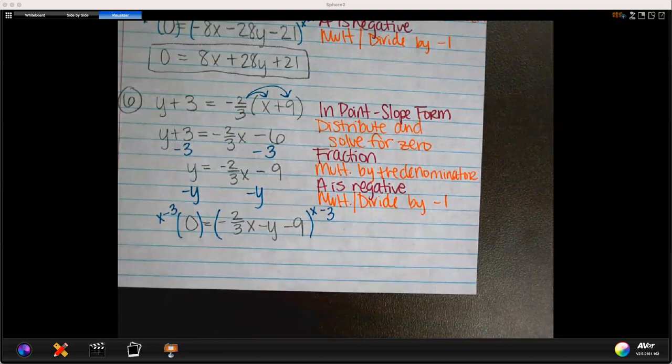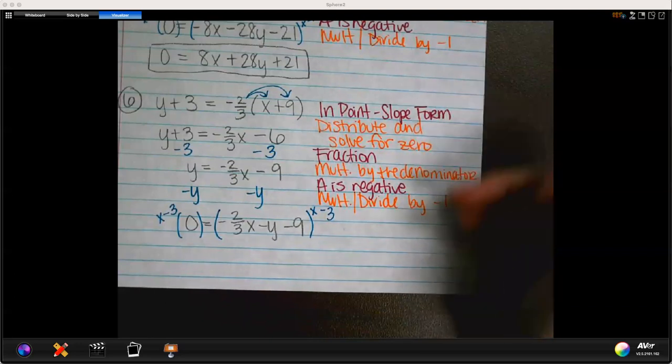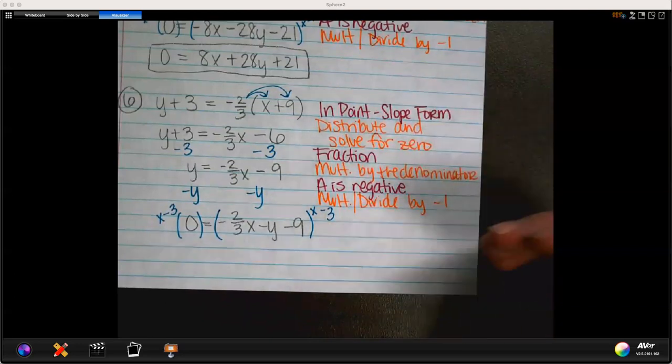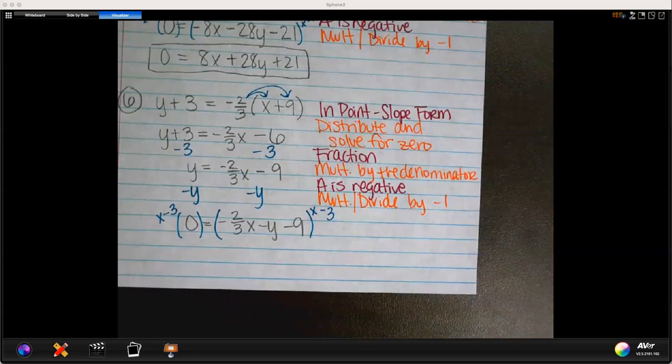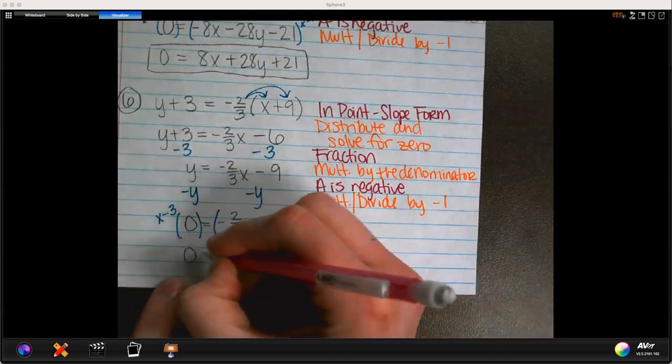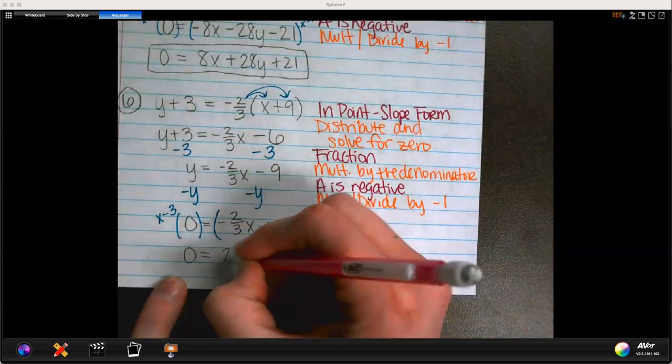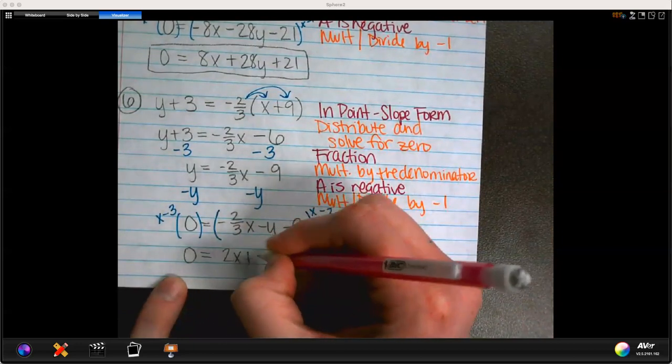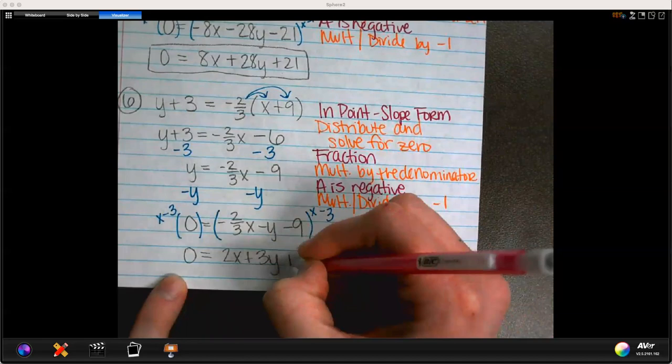If it doesn't, you are welcome to do the math at one time. You still need to write the problem and solution separately. So your final answer would be 0 equals 2x plus 3y plus 27.